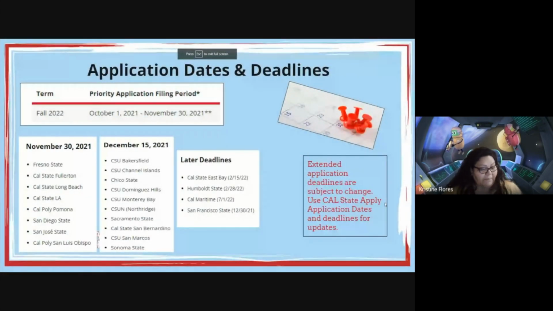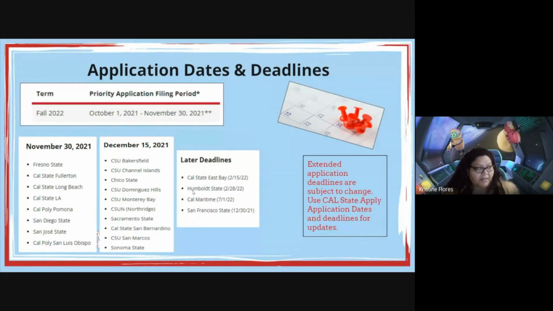Okay, so these are the application dates and deadlines for the CSU system. For the fall 2022 term, it's priority open from October 1st through November 30th. Some of these other universities are extending their deadlines. The hard deadlines are Fresno State, Fullerton, Long Beach, this column you see here. And then December 15th has been extended for these universities.